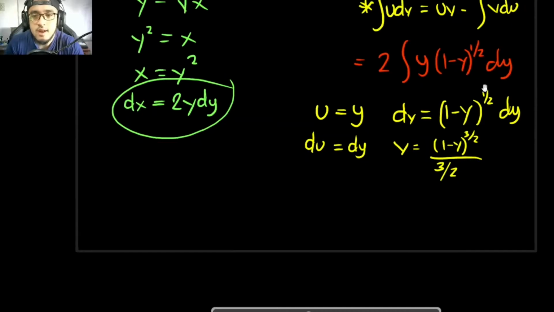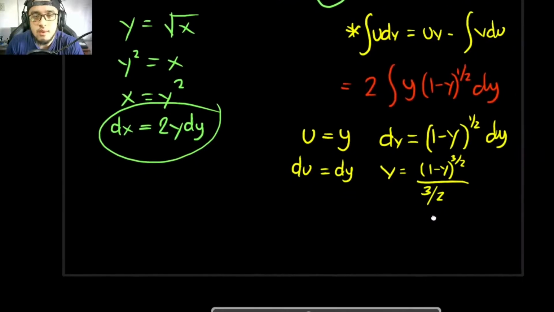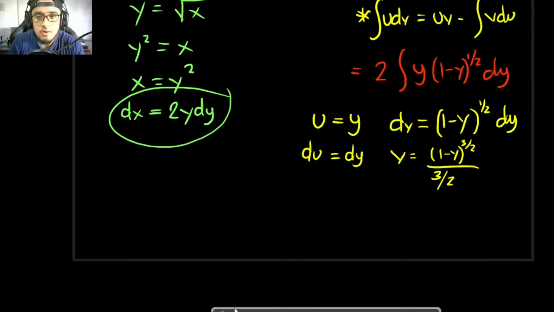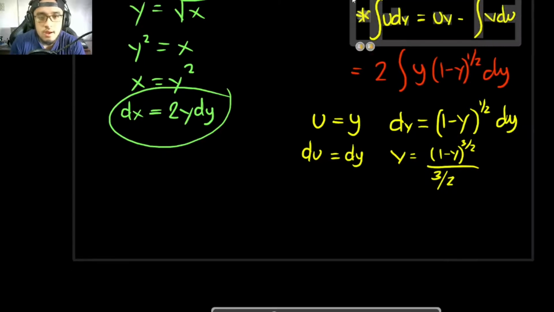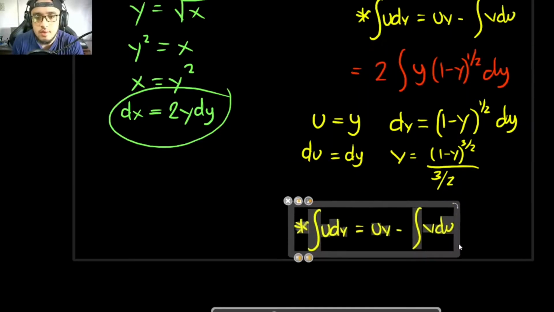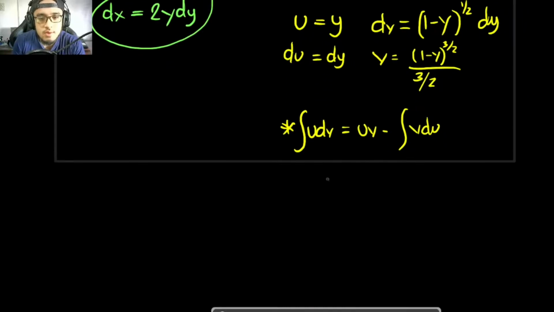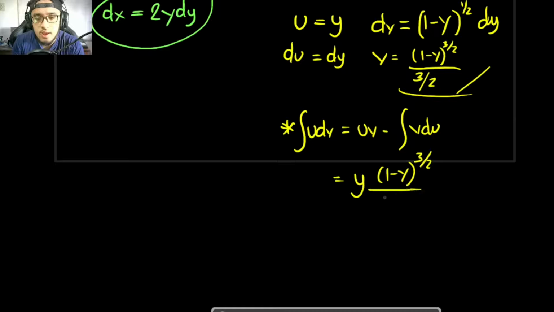Using these values, we can now substitute into our integration by parts formula, uv minus the integral of v du. Copying this one to be used as a guide, the integral of u dv is equal to u times v, where u is equal to y, and v is equal to 1 minus y raised to 3 halves divided by 3 halves.